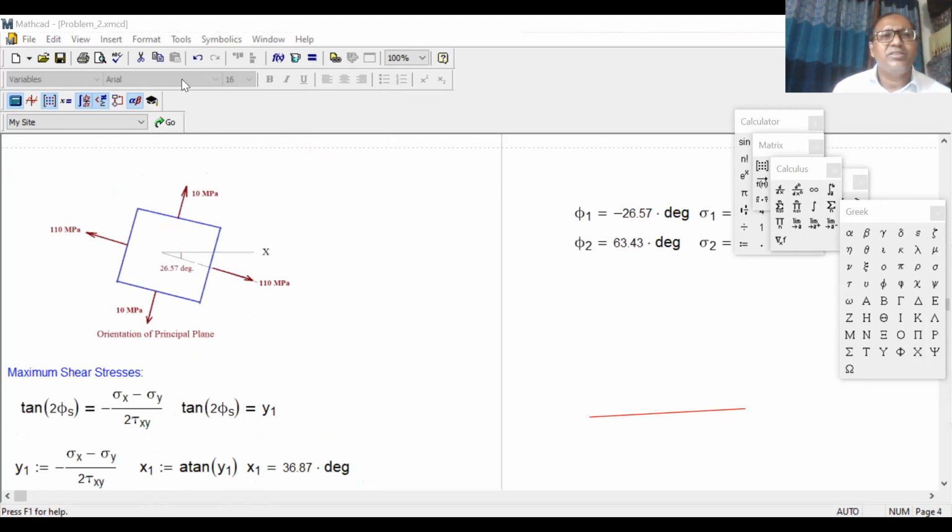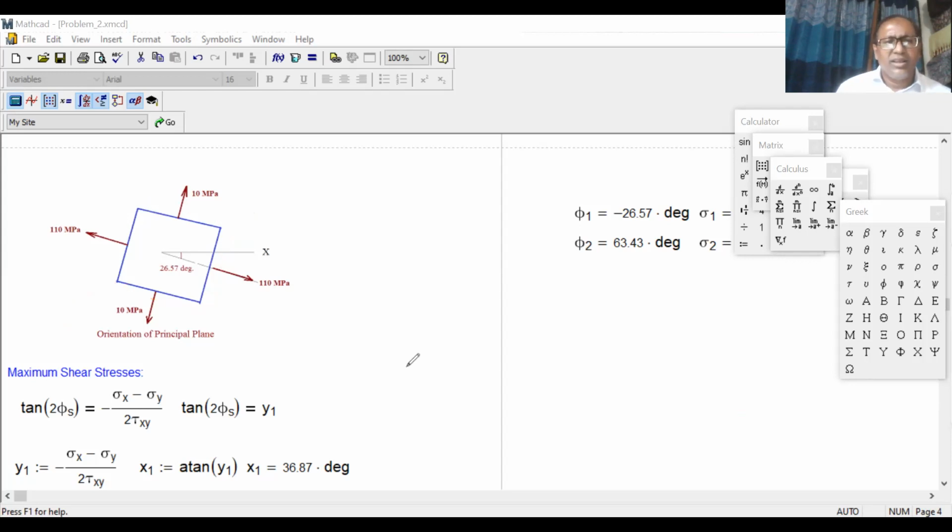But shear stress is 0. So if you want, you can show it, it doesn't matter because it's 0. So you don't need to worry about the direction. Just make sure head to head and tail to tail. Then you can say tau right over here equal to 0. Okay.